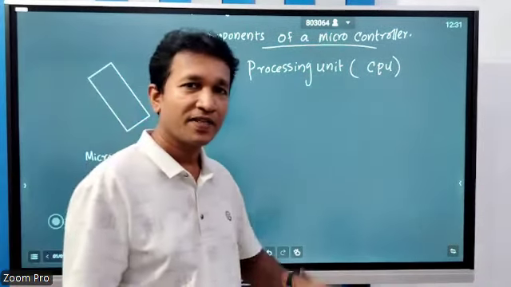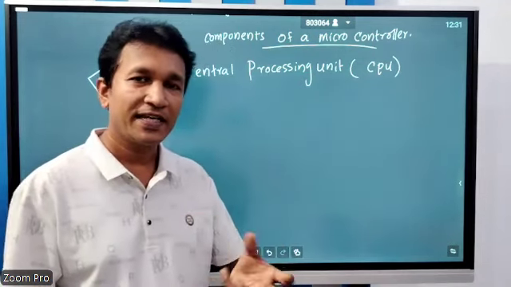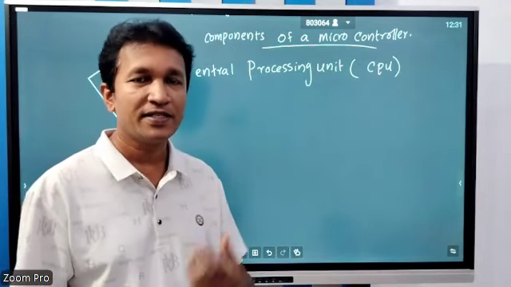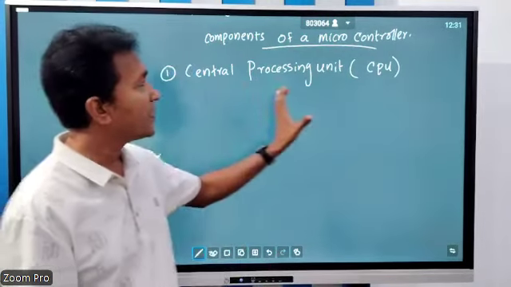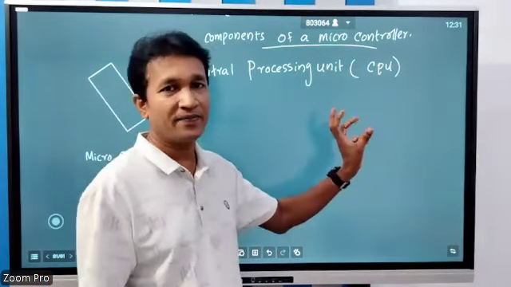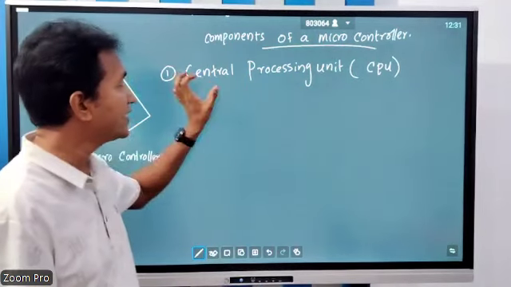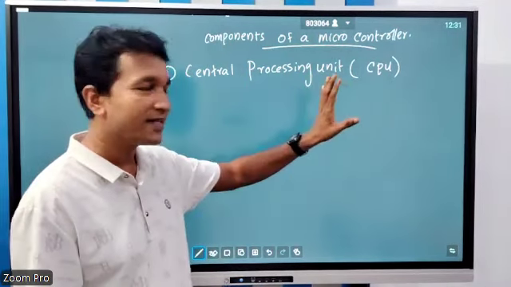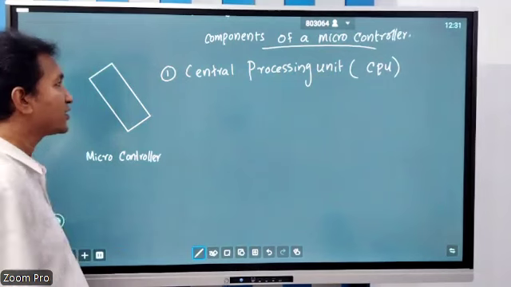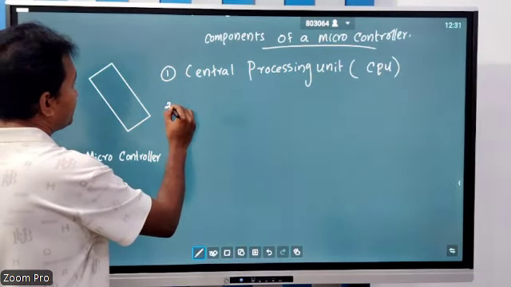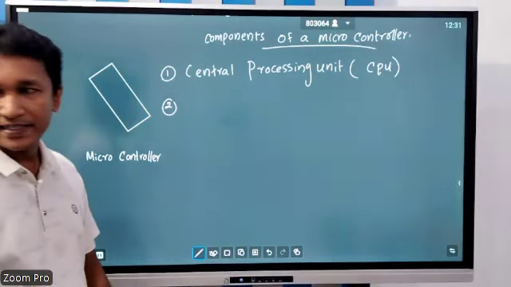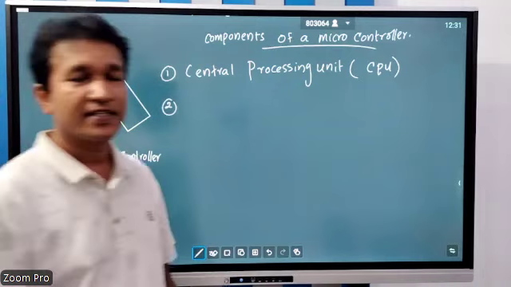Why? There should be processing. In order to process something, there should be a CPU. CPU is the one who processes data. So therefore, there is a central processing unit inside this microcontroller. Right? Central processing unit.